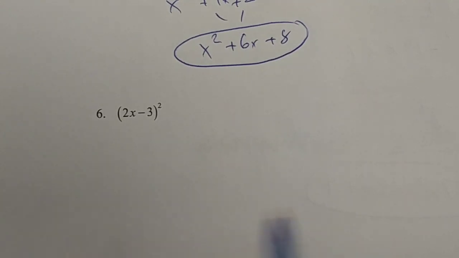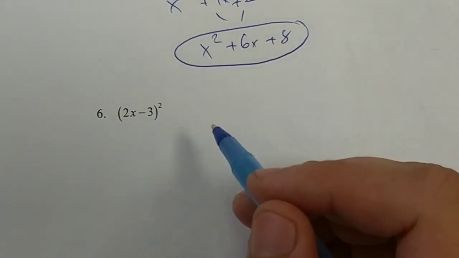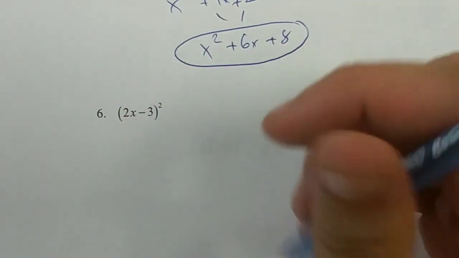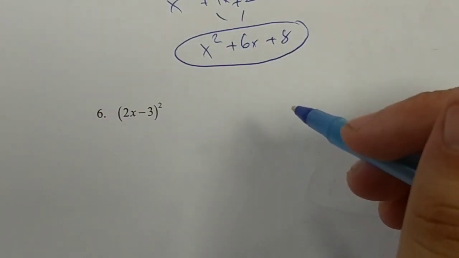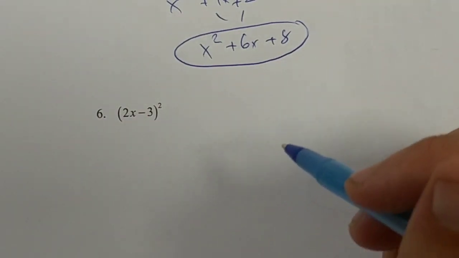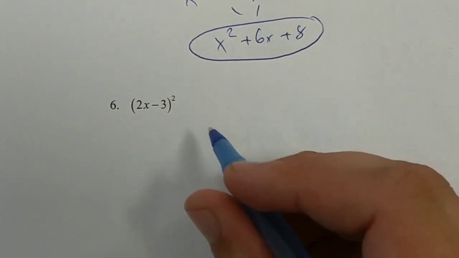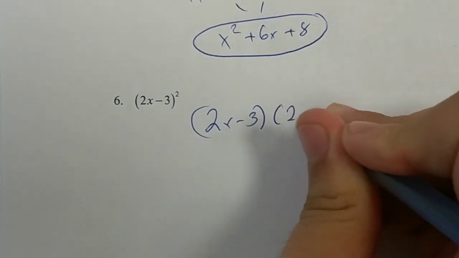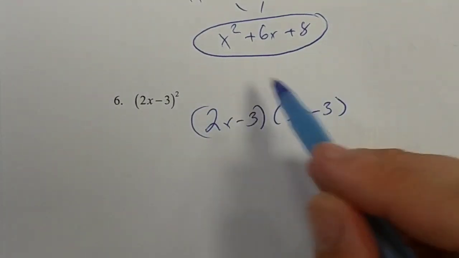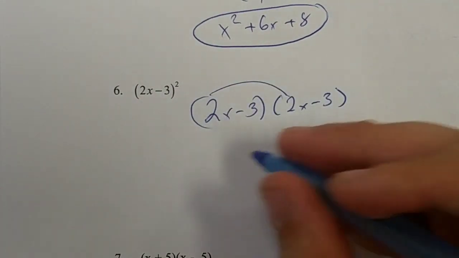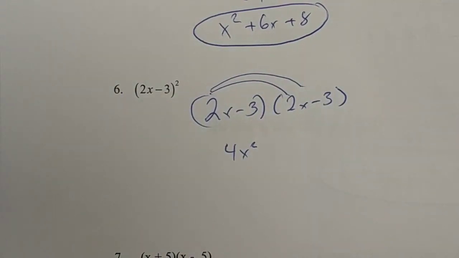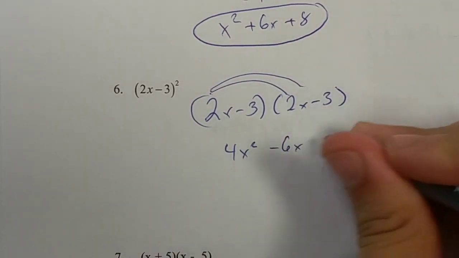Our next one, we have 2x minus 3 squared. Now, if you're thinking to distribute the 2 to both 2x and minus 3, you're going to get it 100% wrong. And I'm going to put a fake option where that happens to make sure I catch those guys. What you have to do is rewrite it as 2x minus 3, 2x minus 3, and then FOIL it out again. 2x times 2x is 4x squared. 2x times negative 3 is negative 6x.